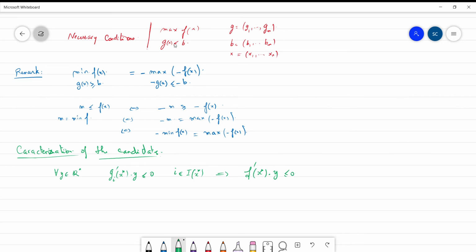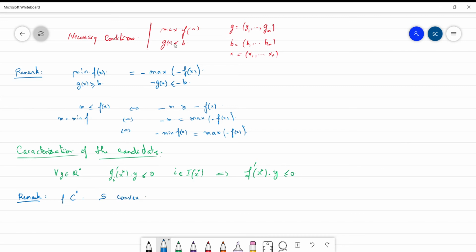There is an important remark I want to add here. For a C1 function, we characterized the maximum, we found the necessary condition for the unconstrained problem where S was a convex set.